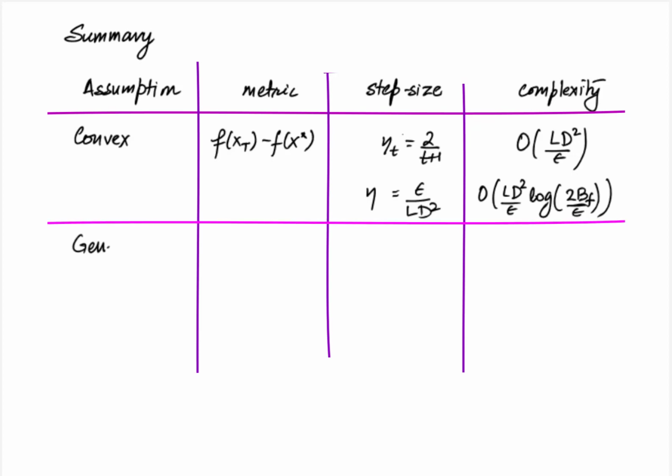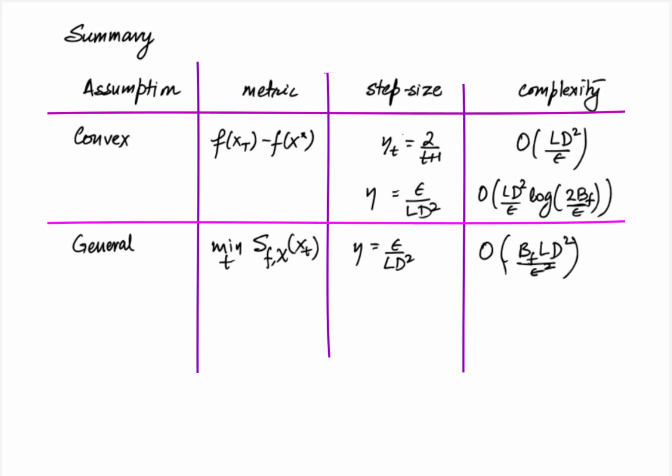Then we considered the general case where the metric was always min over t of s of xt. In the case where eta equal to epsilon by LD square, an epsilon dependent step size, the oracle complexity was order bf LD square by epsilon square.